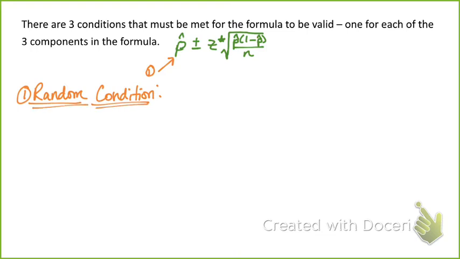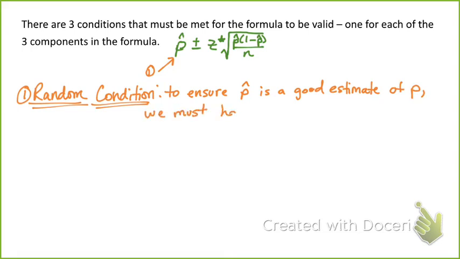To ensure p hat is a good estimate of p, we must have an SRS from the population. P hat must be a good estimate of P, so we have to have an SRS from the population.